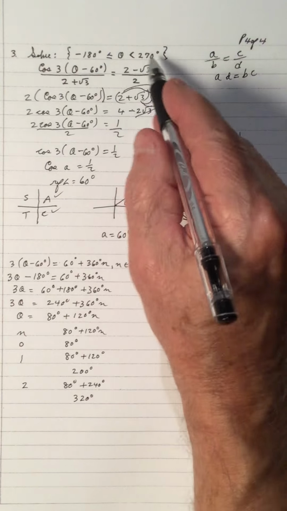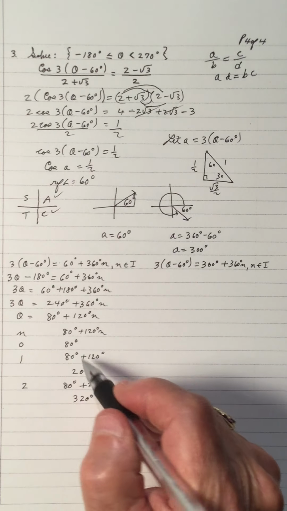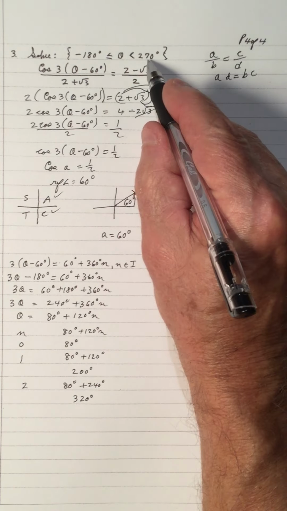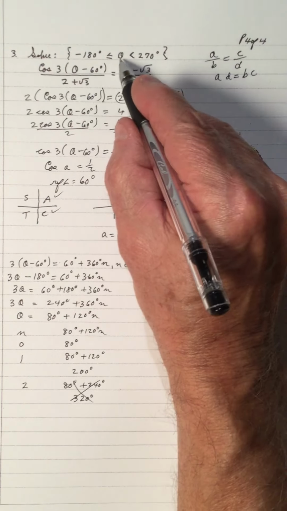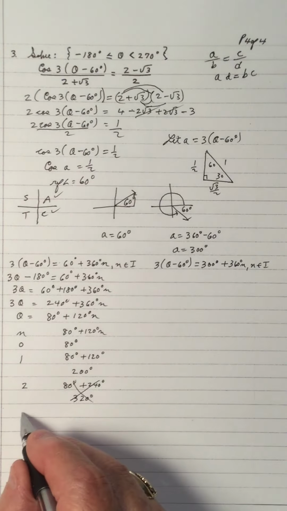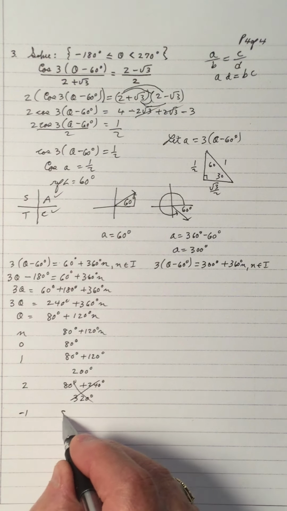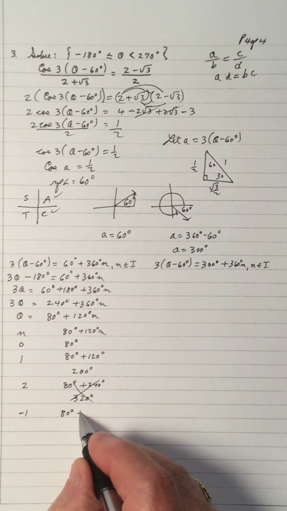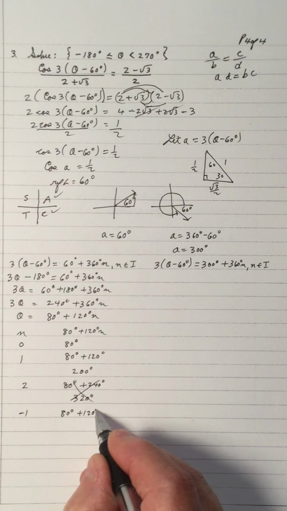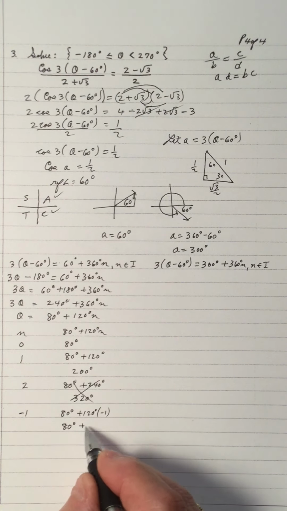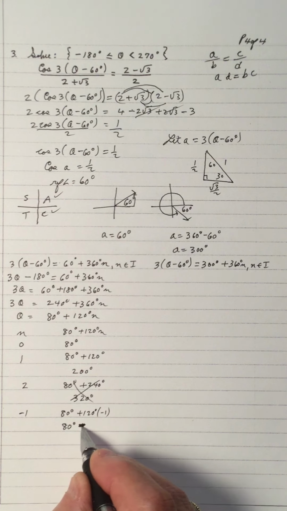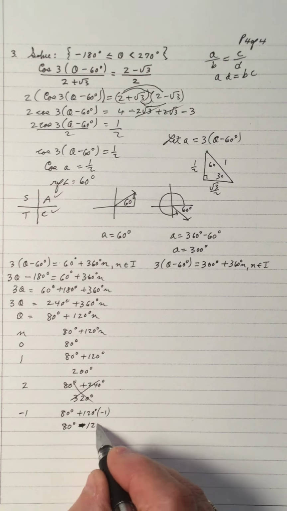And we have to keep 80 is okay, 200 is okay, 320 is too large, so we can't have that one. Now, notice we have some negatives to do. So let's try negative 1. So we get 80 plus 120 times negative 1, so it's 80 minus 120.